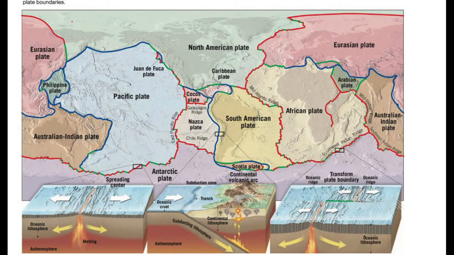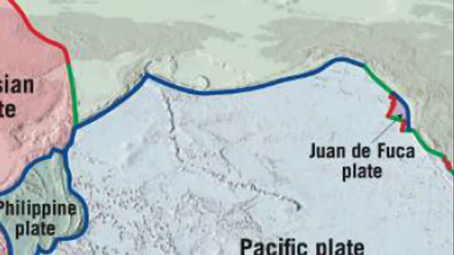If we switch back to our map of the plate boundaries, they're part of the boundary between the Pacific Plate and what is actually part of the North American Plate to the north here, but it's all oceanic crust up here. So this would count as an oceanic boundary, even though North America is also on this plate. This part where they're interacting is oceanic crust, so we can talk about them as being an oceanic boundary.